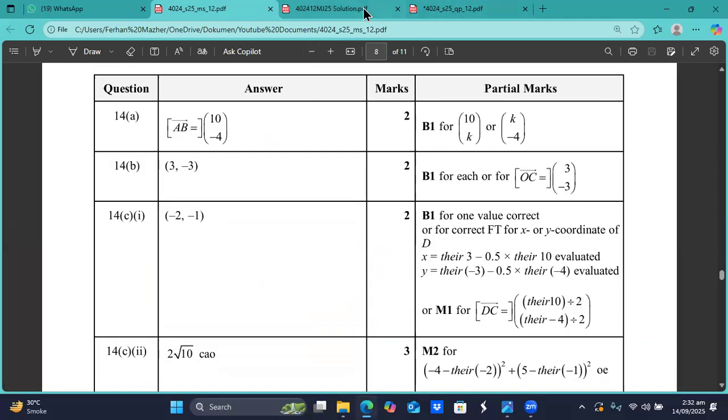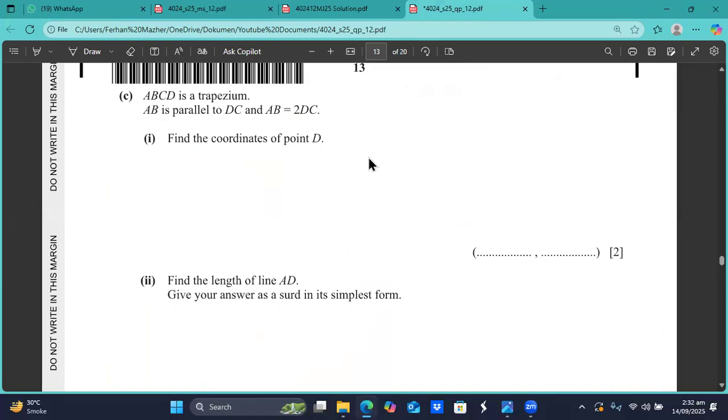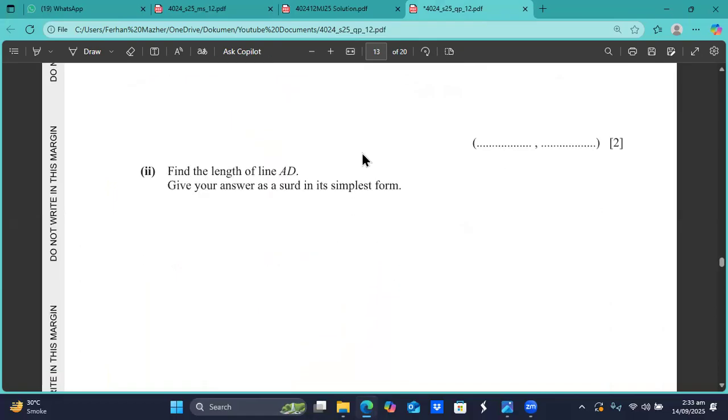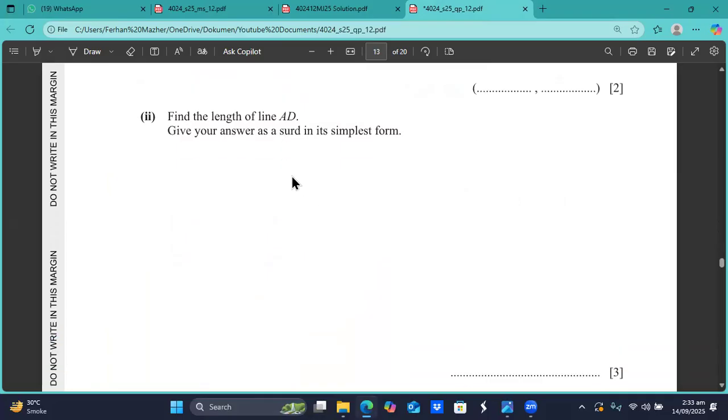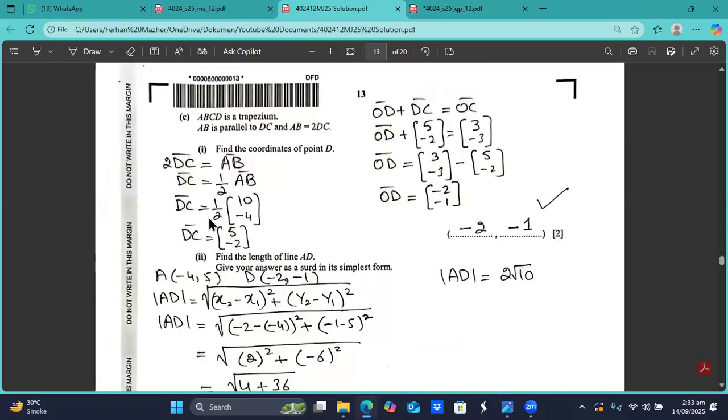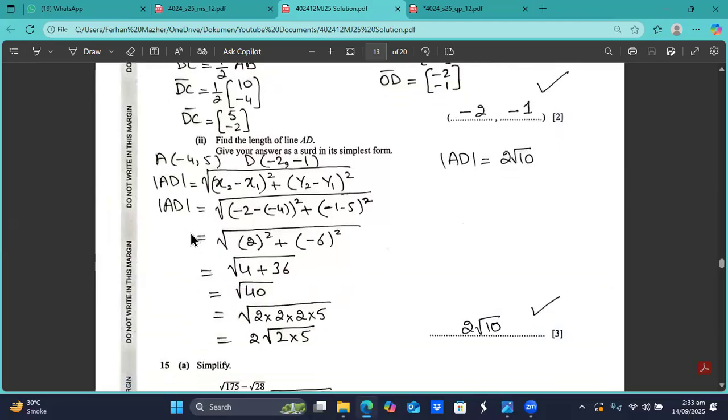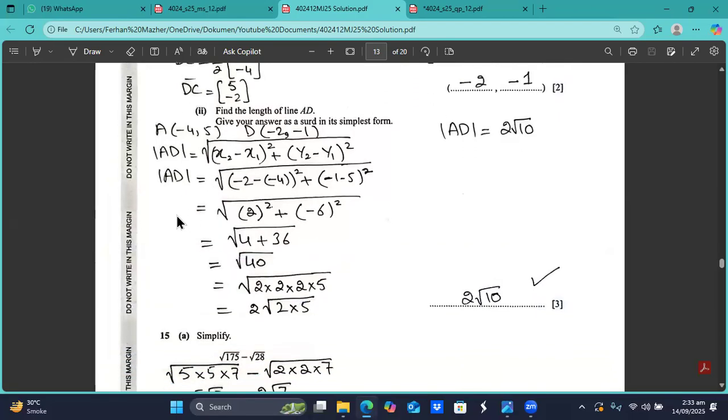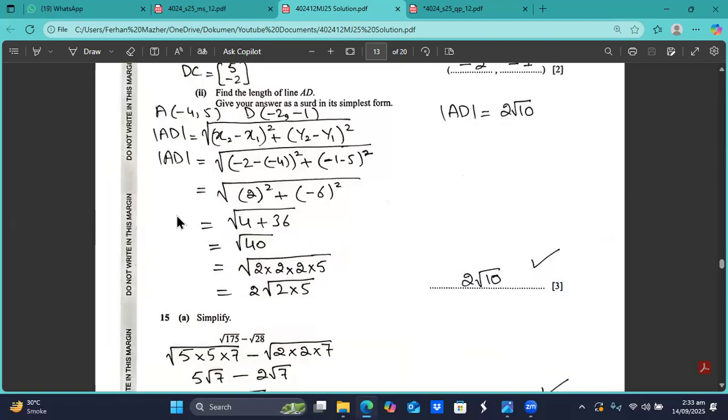Okay. So then the question is find the length of the AD. Give your answer as a surd in its simplest form. It's a 3 marks question. Now I know the coordinates of the A, I know the coordinates of the D point. I can easily find the distance between AD.